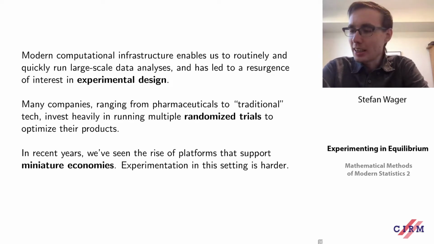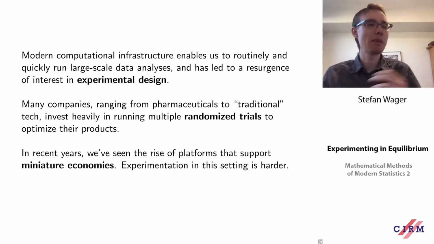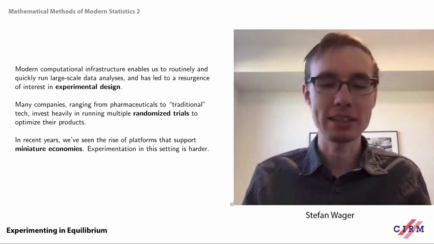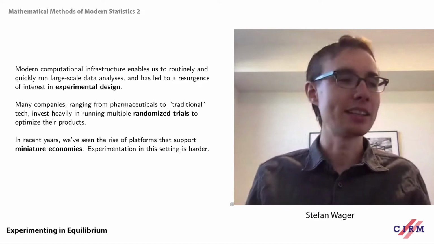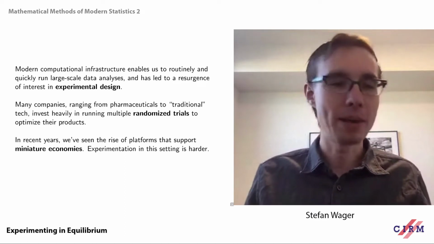But what's been interesting is that as interest moves towards more ambitious statistical problems, running randomized experiments suddenly gets more complicated. One setting where that comes up all the time is if you imagine a platform that's running a miniature economy, where people can buy and sell things on it, and supply and demand have to match.